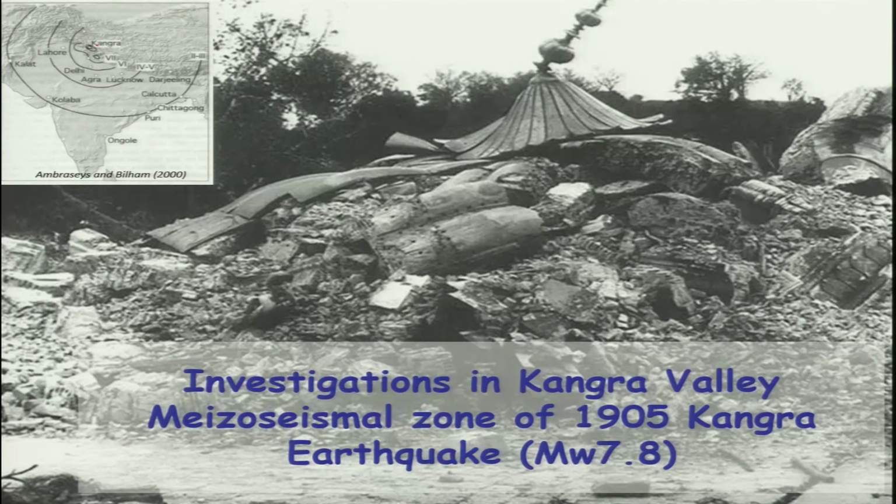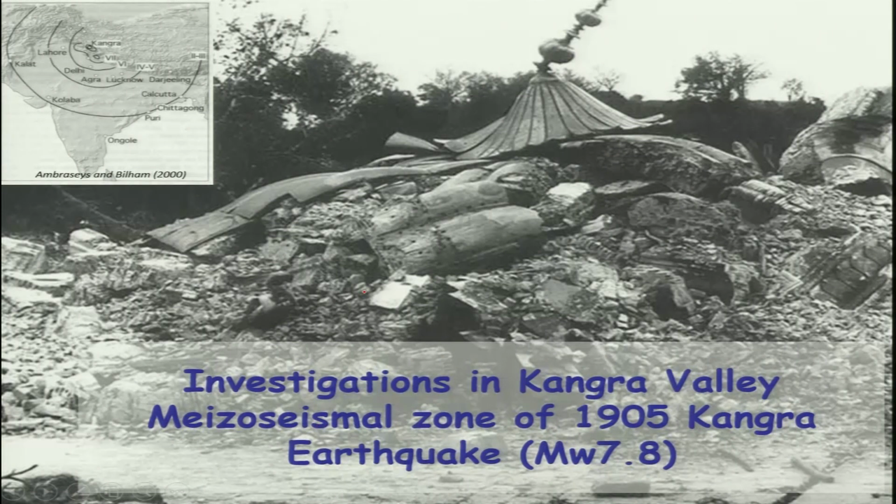Now keeping this in mind, and the damage pattern in Kangra Valley, we started looking for the signatures of any deformation, if at all it was preserved on the surface, with an understanding that in the epicentral area maximum energy must have been released during an earthquake.